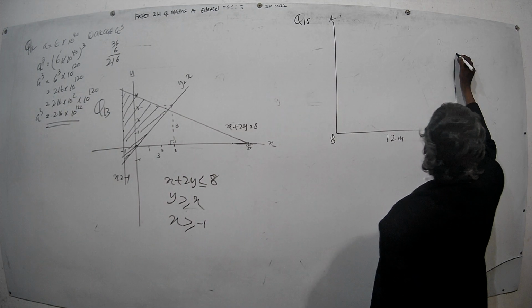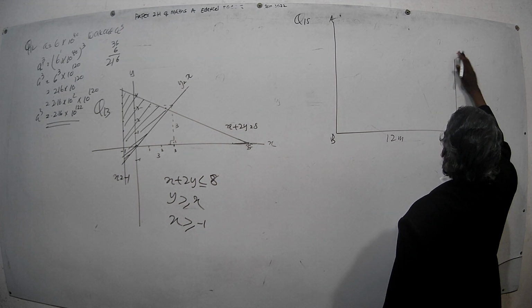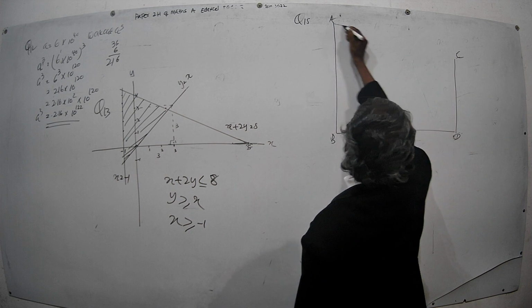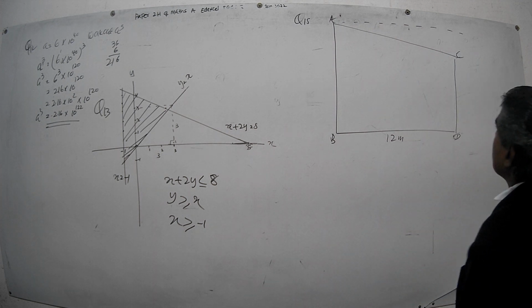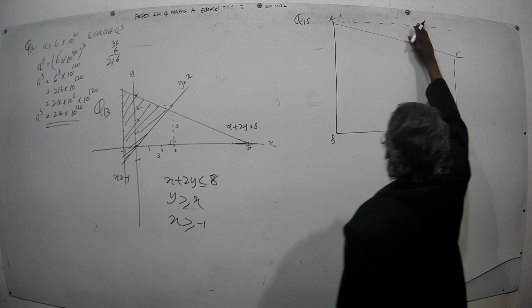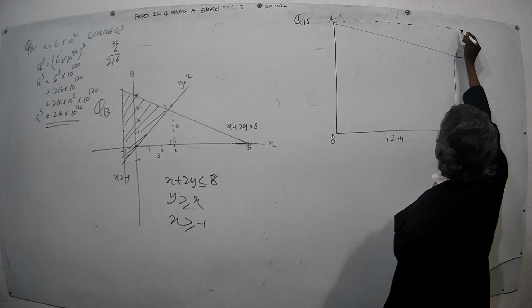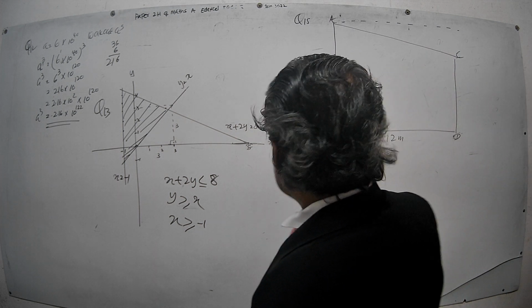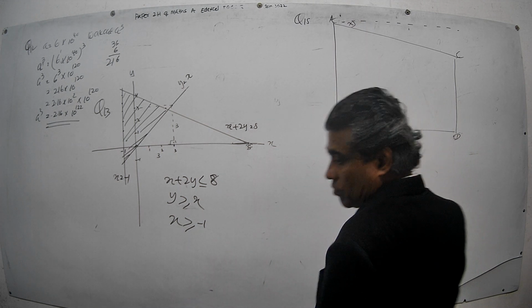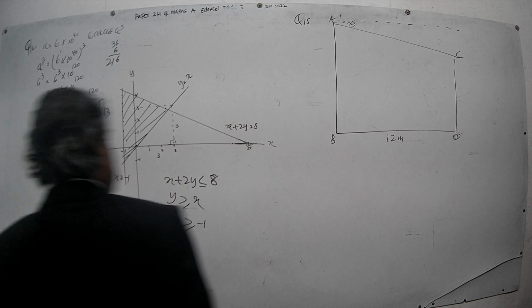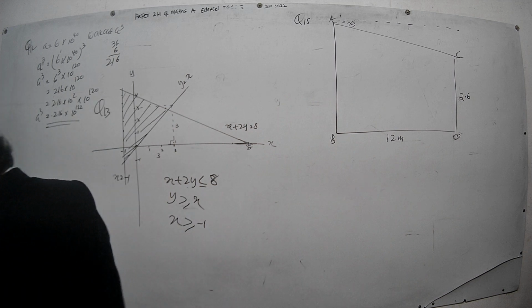DC is the horizontal. Now that part is called X. This length is 2.6 meters.